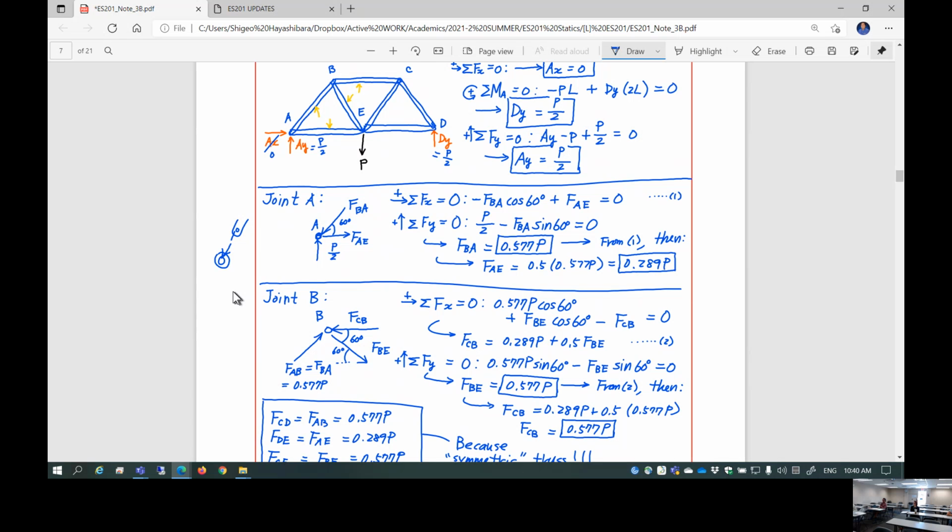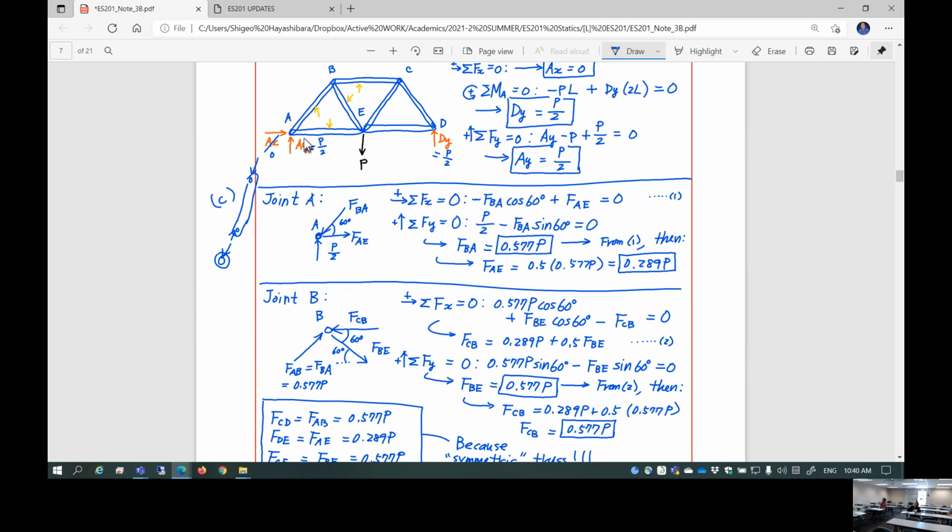Isn't that compressive? Because if you disassemble something like that, this is compressive, isn't it? But on joint B, we have it going the other way. So compressive, looks like it. Yeah. So AB is compressive.